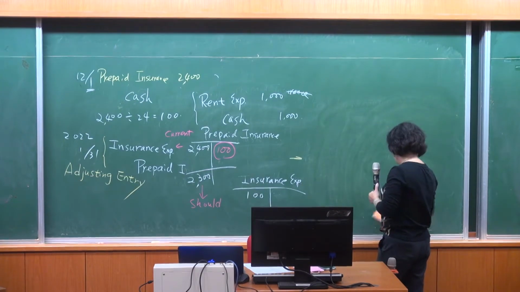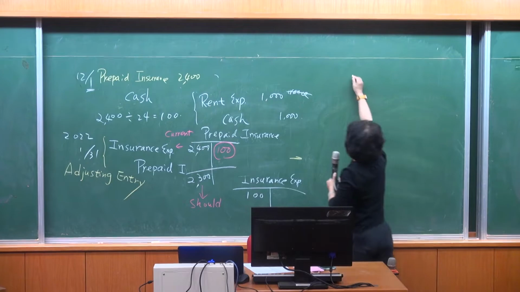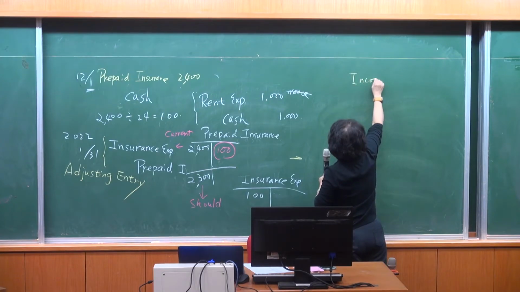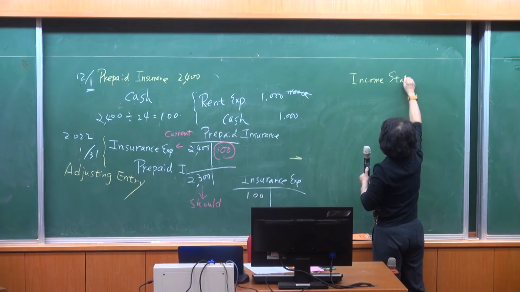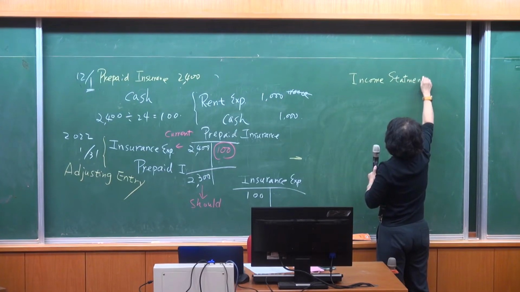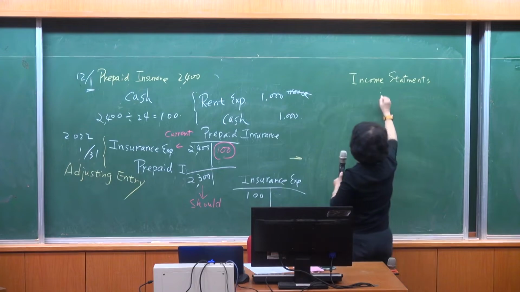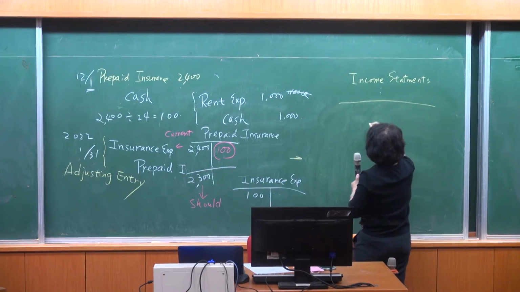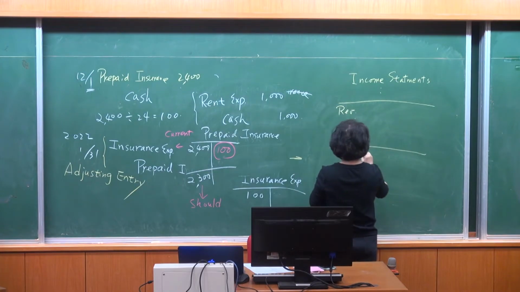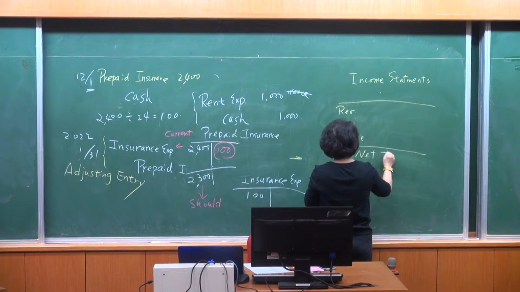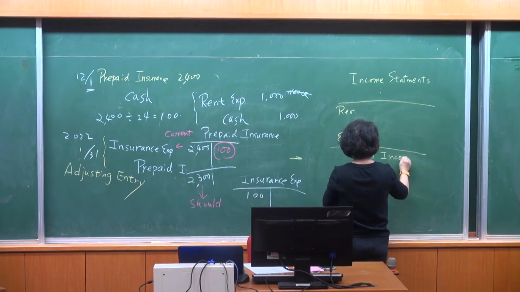The first one is the income statement, or comprehensive income statement. It shows how much revenue and how many expenses the company has, then you have some net income. This is the income statement.